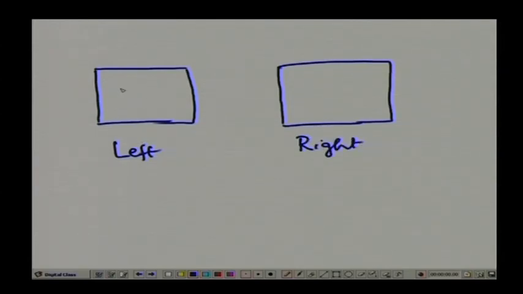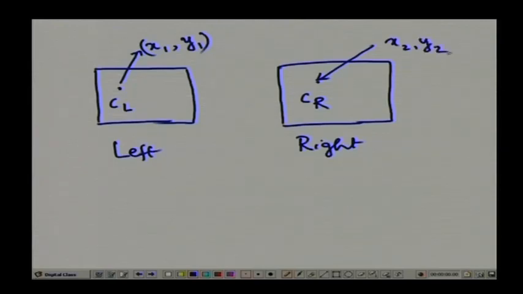If I have a point say C L in the left image, I have to find a point C R in the right image which corresponds to C L. And once I do this, I find the image coordinate of this point C L, which is say x 1 y 1, and the image coordinate of this point C R, which is x 2 y 2. So, once I know these image coordinates, I can compute x 2 minus x 1, which is the disparity, and then this x 2 minus x 1 is used for computation of the z value.